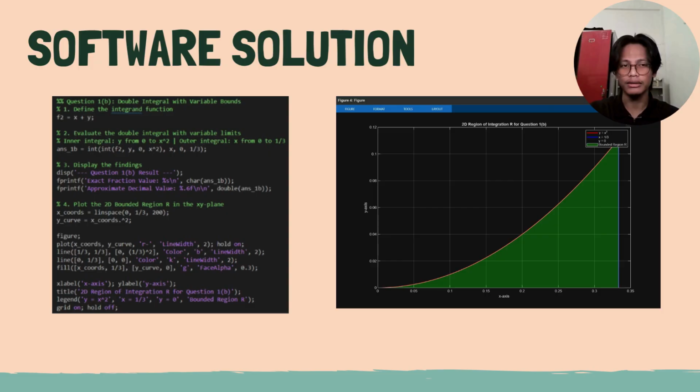So this is the script that we use for plotting the graph, and after that we run the MATLAB script and we get the answer that proves our manual calculation.